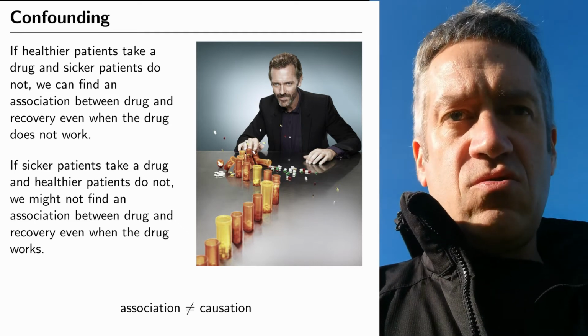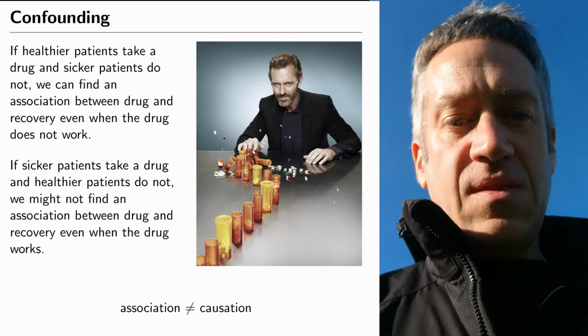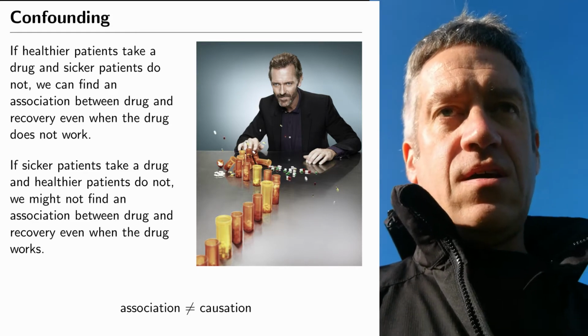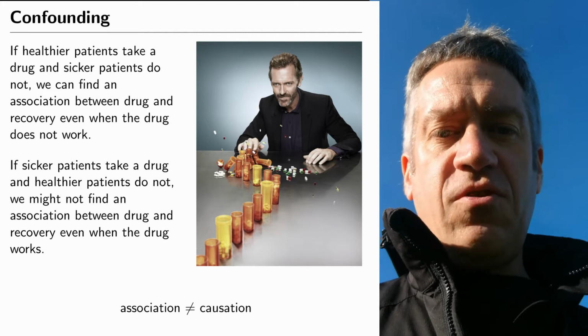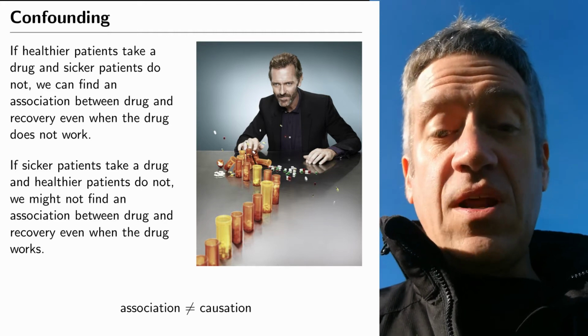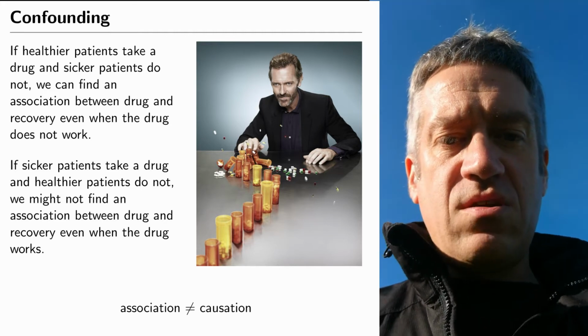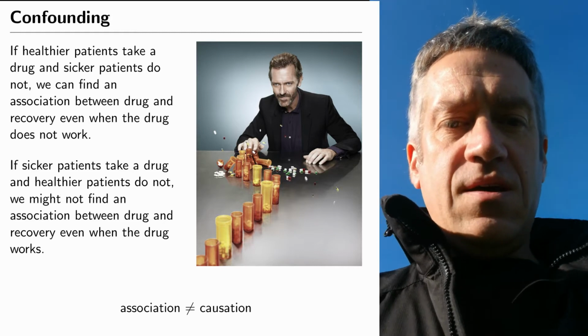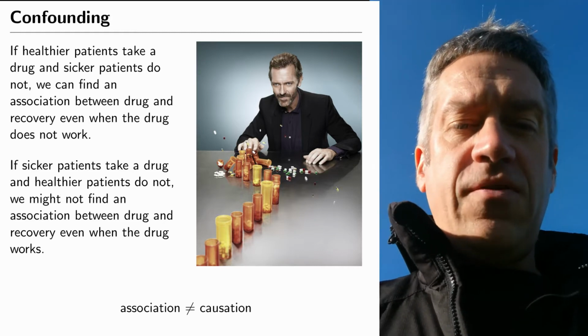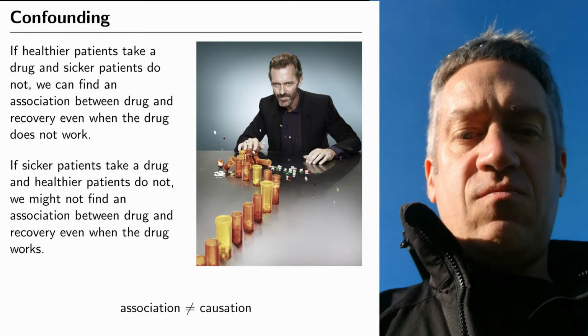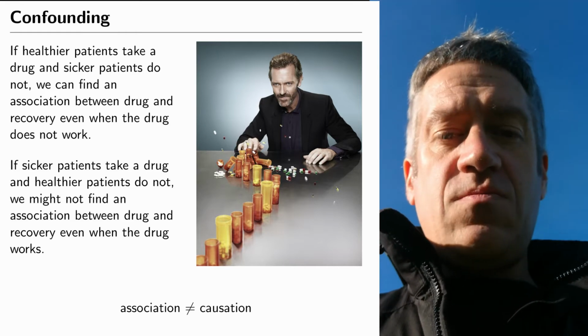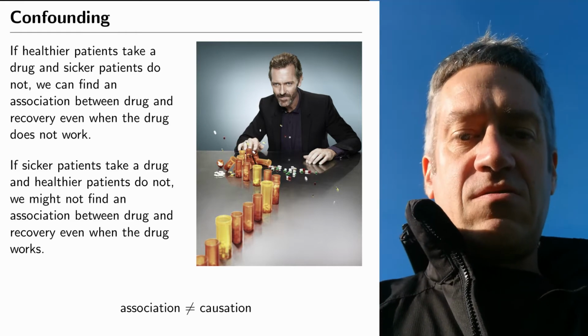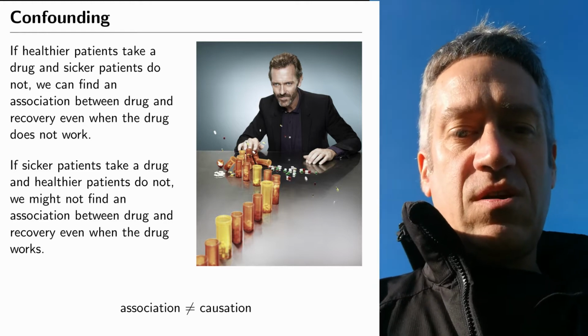They are too sick, they are not participating. And the ones who are healthy are more active and they want to improve further and they take the medicine. If you now look at a correlation between medicine usage and recovery, you will see that there's a strong effect, even though maybe the medicine wasn't working at all. It is just because the healthier people were taking the drug and the less healthy ones were not.